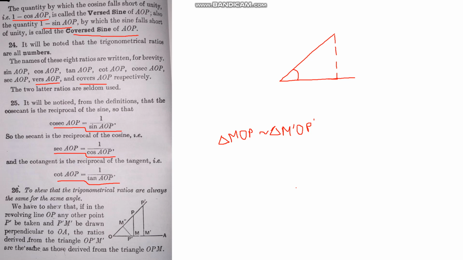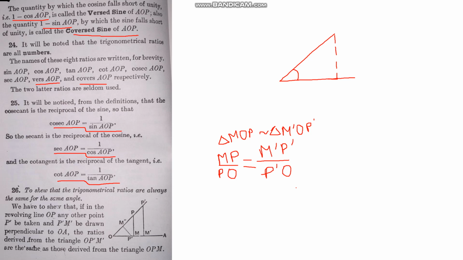So we can write MP by PO is equals to M dash P dash by P dash O. This is the property two similar triangles hold, that is corresponding sides length ratio is same. See, these are the sines of the angles of both the triangles.